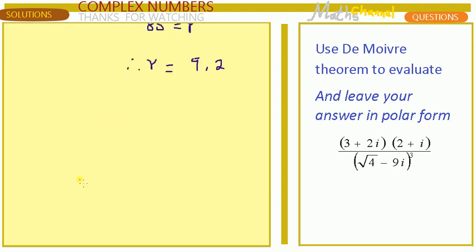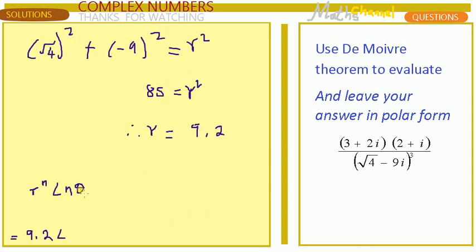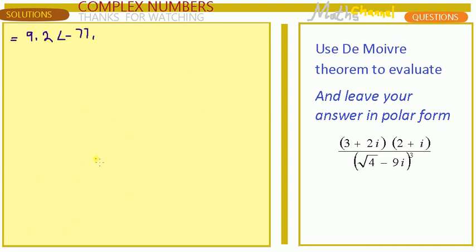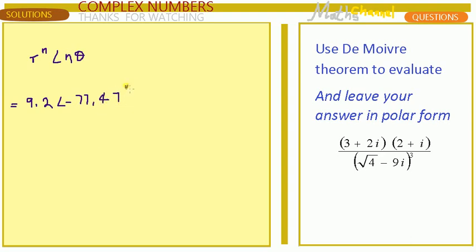So now, as you can see, there's a cube here, so you have to use De Moivre's rules. This formula. So we have our r as 9.2, and the angle is negative 77.47 degrees.